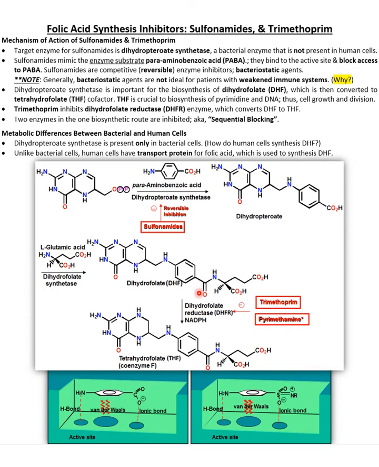So this is the process that goes on inside the bacteria to synthesize tetrahydrofolate, starting from dihydropteridine diphosphate. Let's see how these two molecules, sulfonamide and trimethoprim, inhibit this reaction.